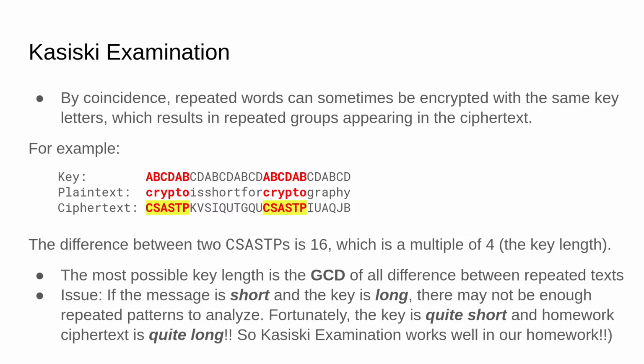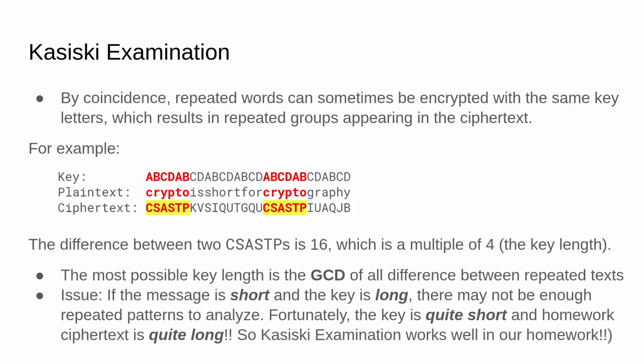For example, in our case, the difference between the two CSASTP is 16, which is a multiple of 4. So if we find the greatest common divisor of all of these distances, then we can probably get the key length of the Vigenère cipher.